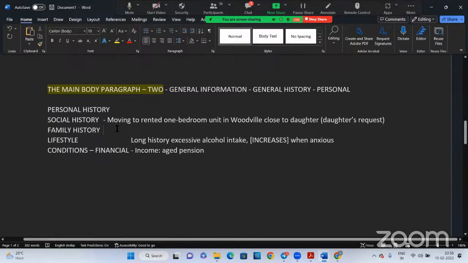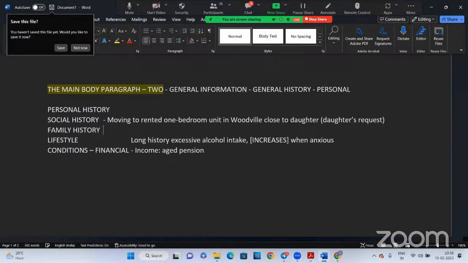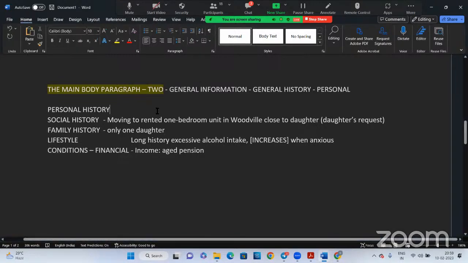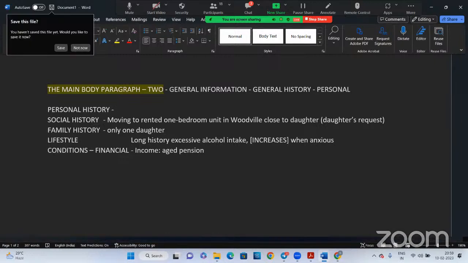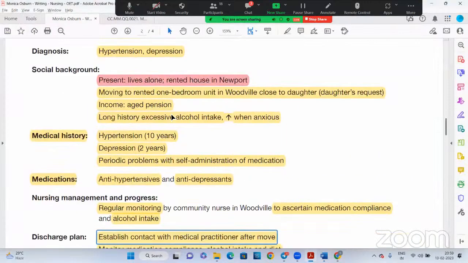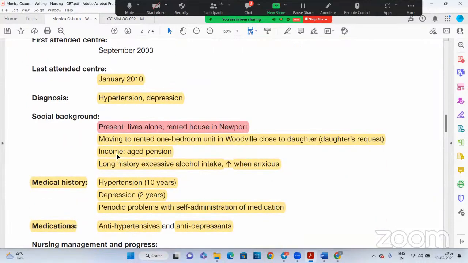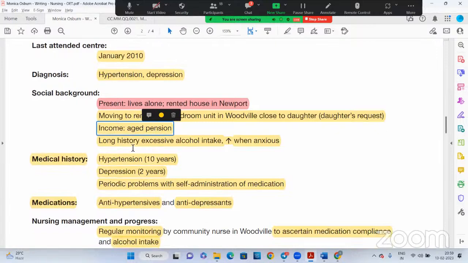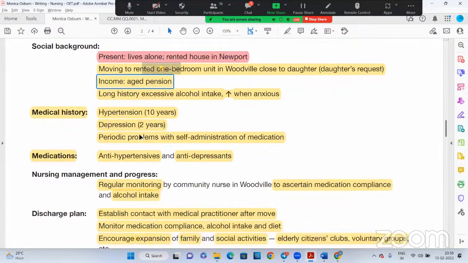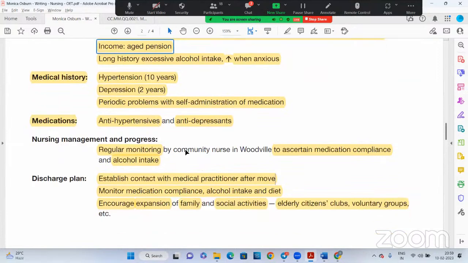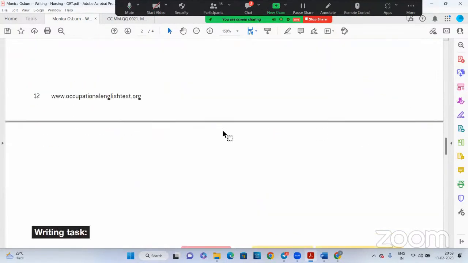So now family history: only one daughter. And personal history, okay, retired. Is she retired from work or something like that? Income is just aged pension. Nothing about retirement, nothing about work, nothing else.